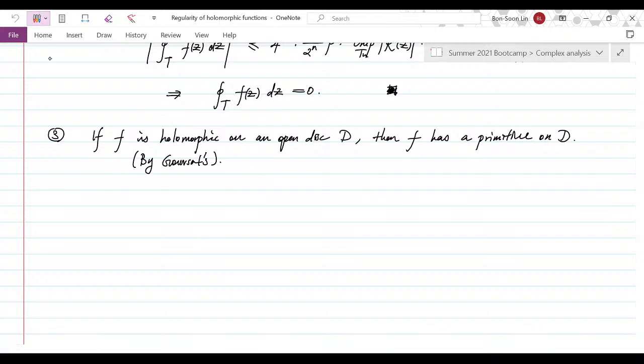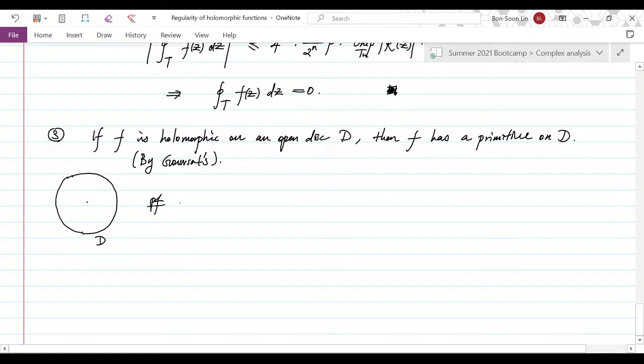So say you have some open disk D. Without loss of generality, we can just translate the function so that the center is at 0. Say the center of D is 0.